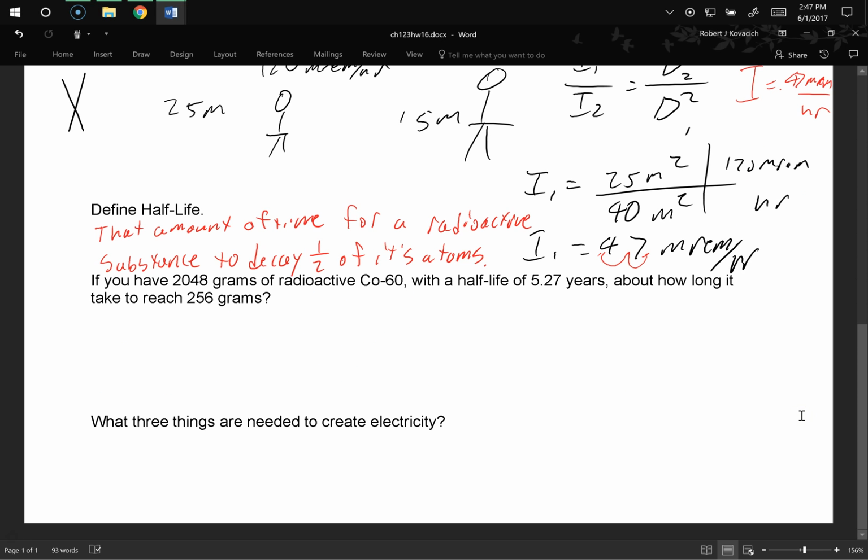Um, 2048, cobalt 60, half-life. How long does it take to reach that?